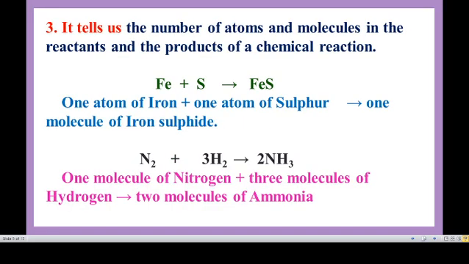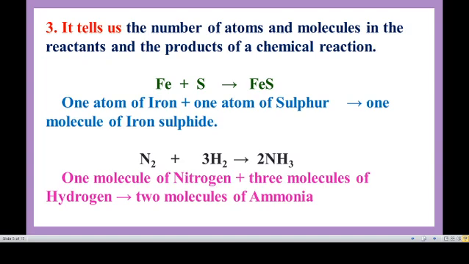And it also tells us the number of atoms and molecules in the reactants and products of a chemical reaction. How many atoms or molecules are involved in a chemical reaction will be known with the help of the equation. In the first equation, iron reacts with sulfur, produces iron sulfide. So one atom of iron combines with one atom of sulfur and produces one molecule of iron sulfide.